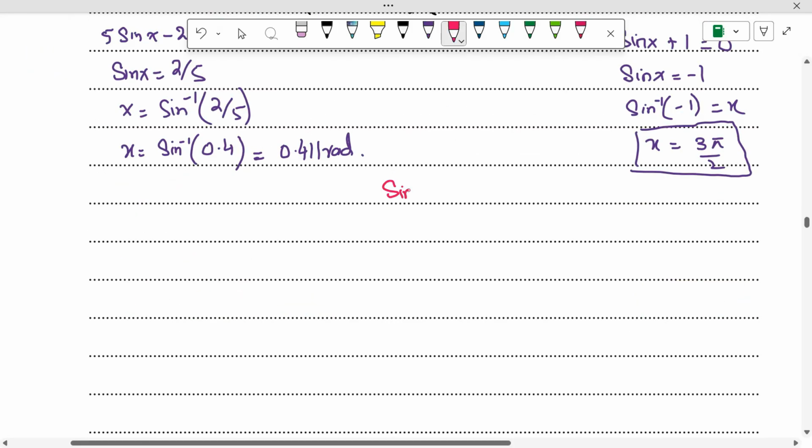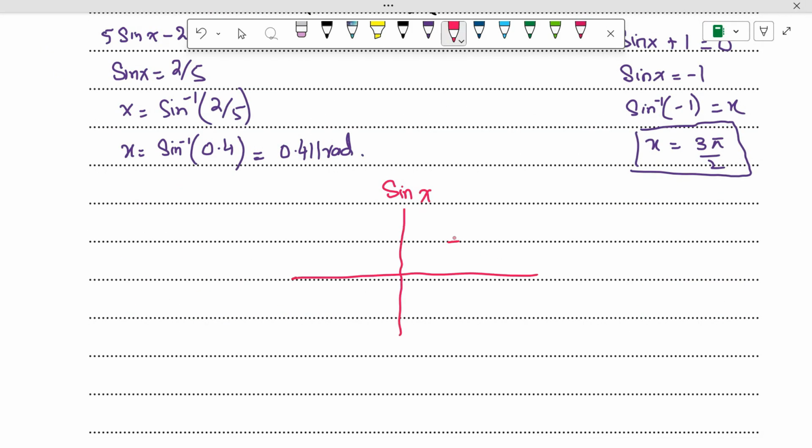And we know that sine of x is positive in two quadrants, first and second quadrant, and negative in third and fourth quadrant. So this 2 over 5 is a positive value, so the angle should lie in first and second quadrant. The angle 0.411 lies in first quadrant.